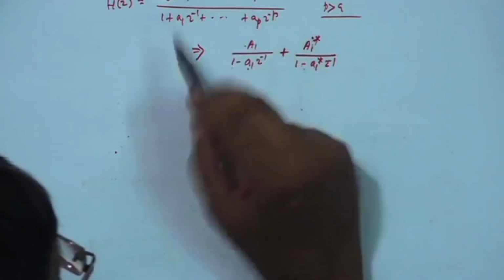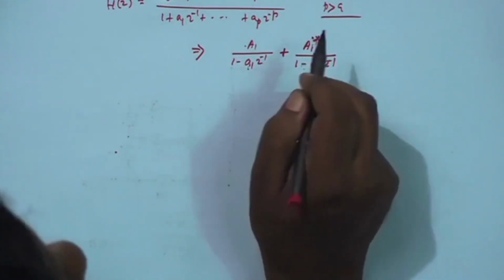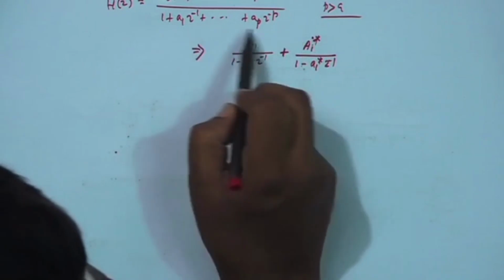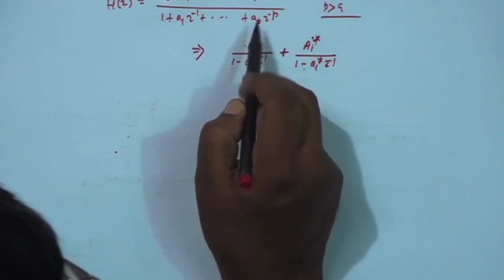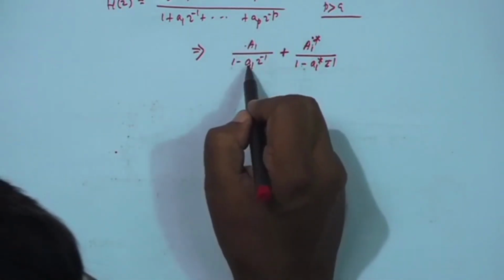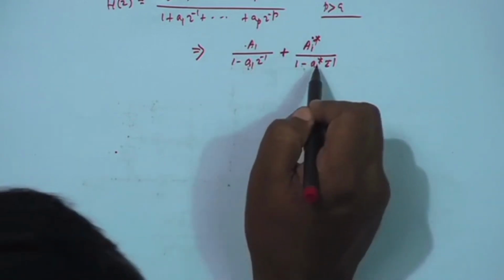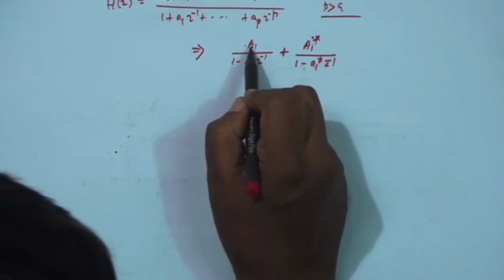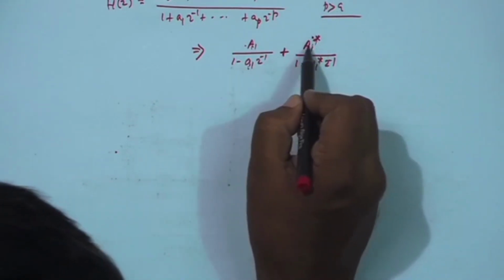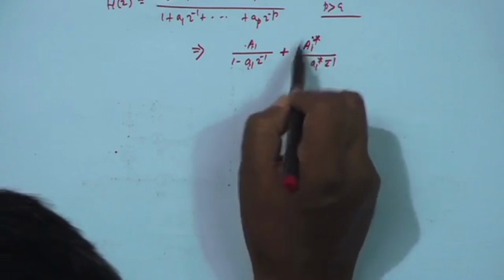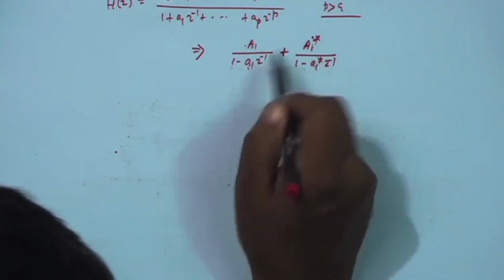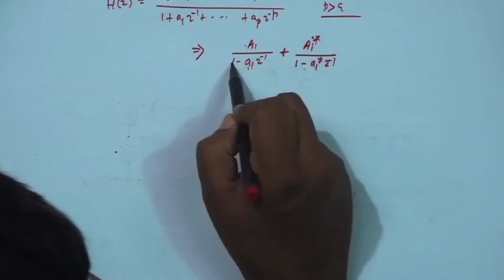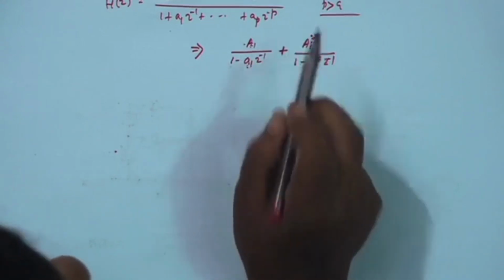So, if you do this factorization, if you have complex roots, as we know that since the coefficients are real, not complex, then if a root is complex, we must have a conjugate root also. And this coefficient was A1. Now, I made the statement that this coefficient should be A1 star, because if you add A1 plus A1 star, that is real.